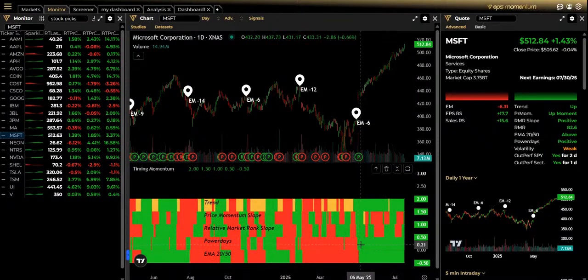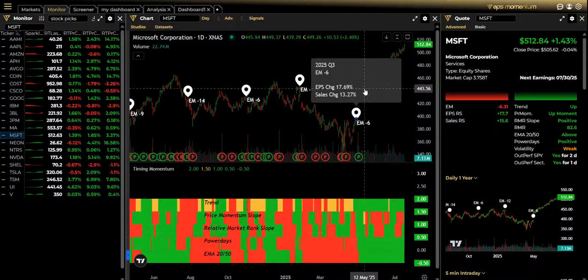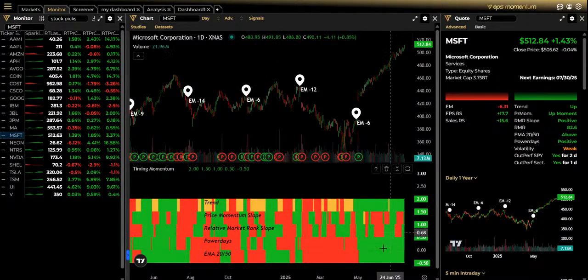But if you rely on institutional volume, the RMR as well, which is institutional money moving in, then you have a pretty good picture of that bull run that you can see there. Yeah, it's a pretty uninterrupted trend.